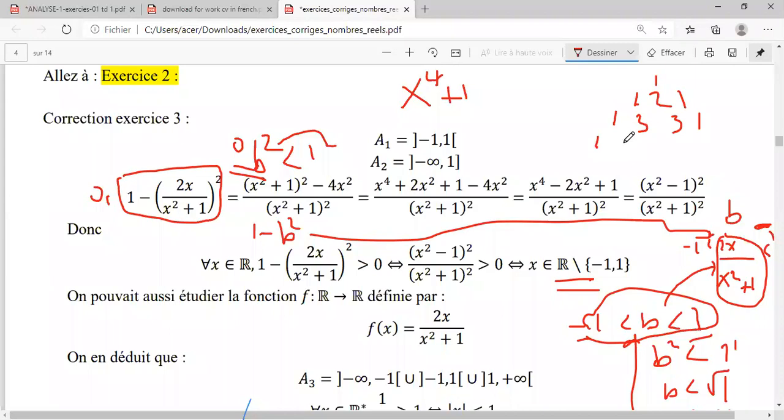We start with 1, 1 plus 3 we have 4, 3 plus 3 we have 6, 3 plus 1 we have 4. We always end with 1. So this is x to the power 4, to the power 3, to the power 2, and to the power 1. Okay. So we look at our x to the power 4.